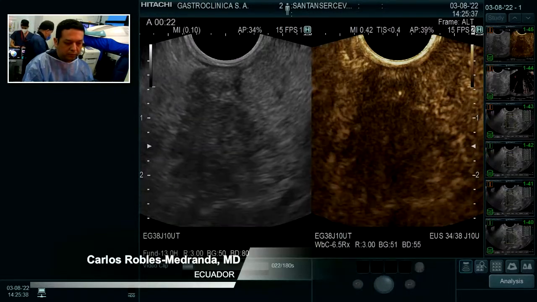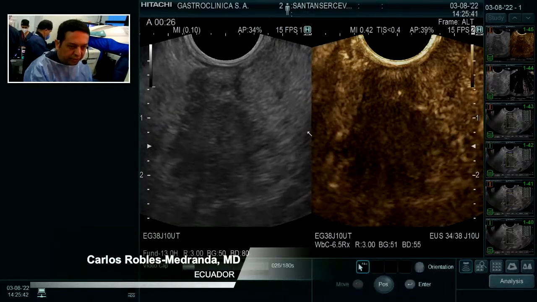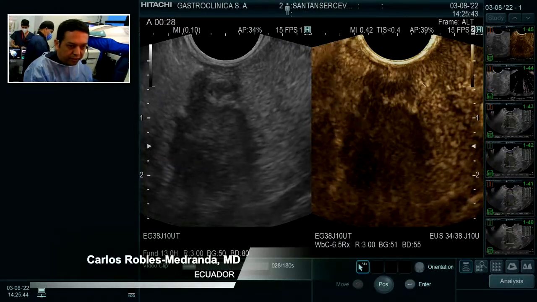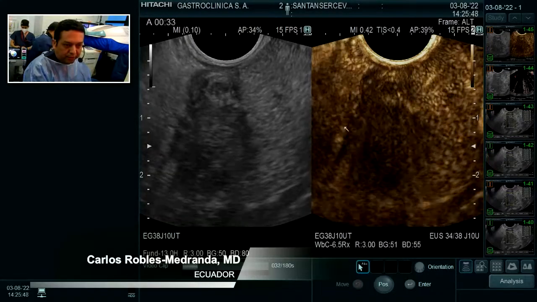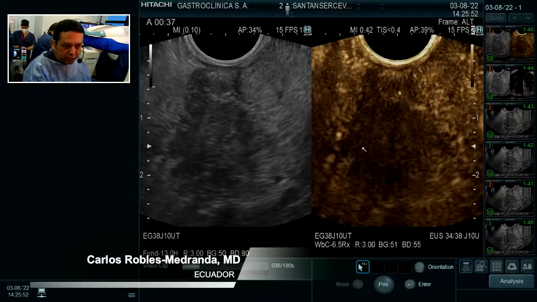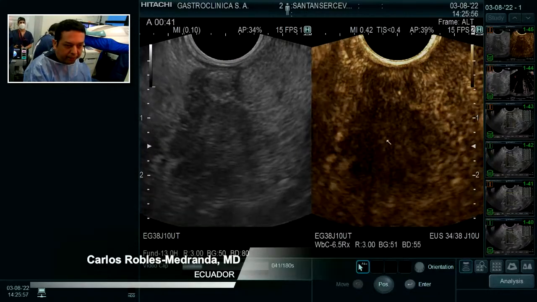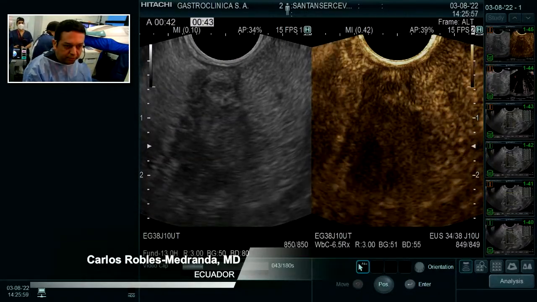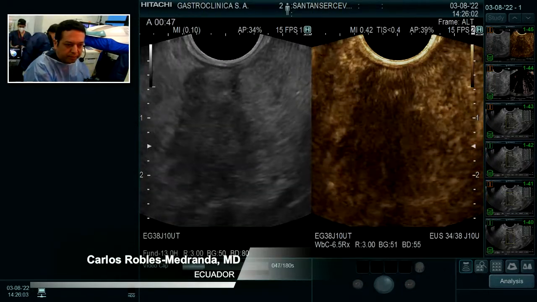So we have 23 seconds, so the contrast is arriving. You see here the contrast is arriving. It's very similar to what we see with DFI. You see, there is no contrast captation, and this is very interesting because it's a similar image, but we don't need to use the contrast.